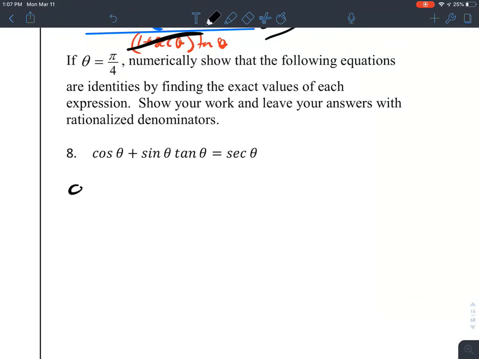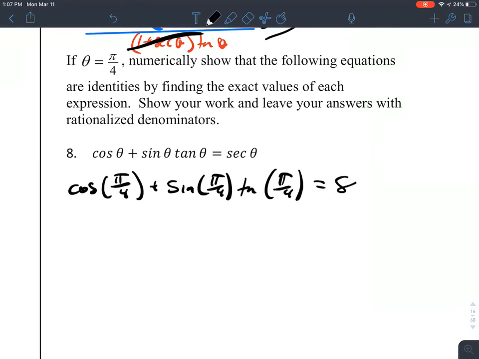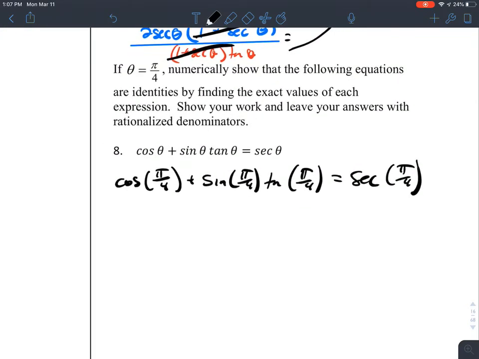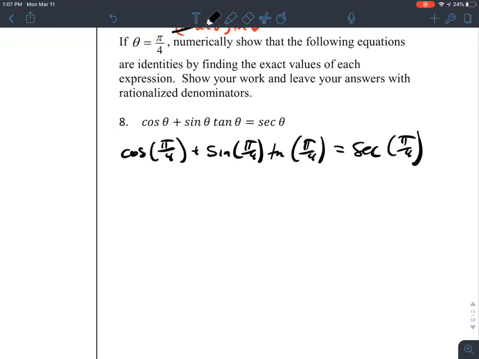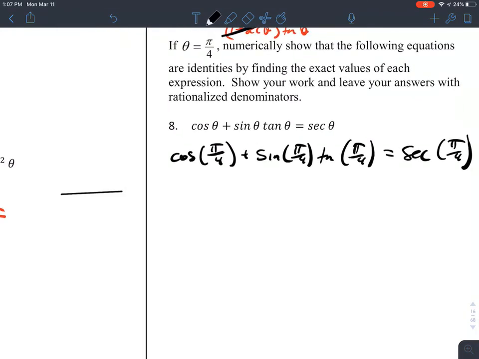All right. So we're going to have cosine of pi over 4 plus sine of pi over 4 times tangent of pi over 4. That should be equal to secant of pi over 4. Let me just remind you about pi over 4.